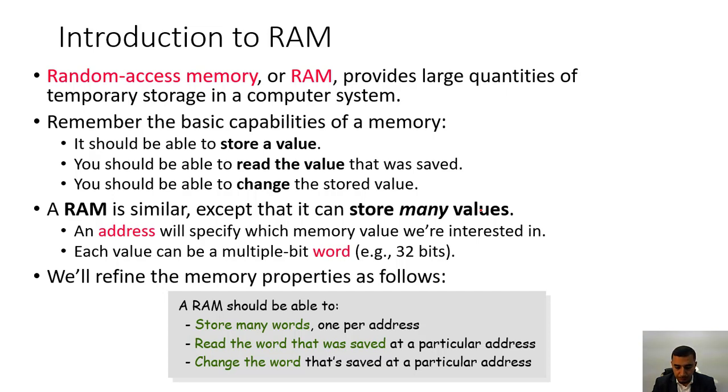And if you recall, in previous weeks we have discussed different types of memory access methods, such as sequential and associated methods. So RAM is random access memory because we can access any location in the memory randomly as we please.